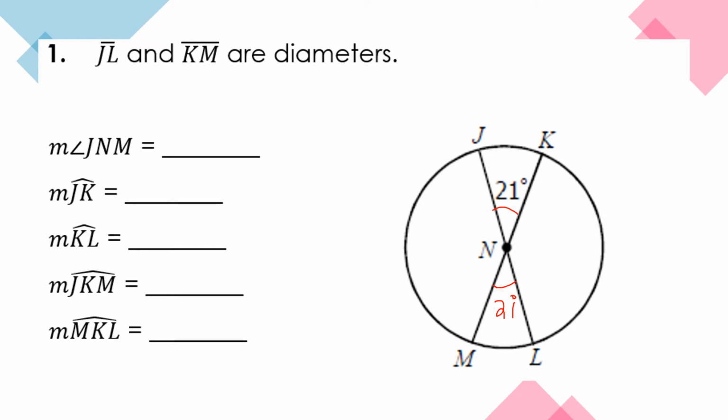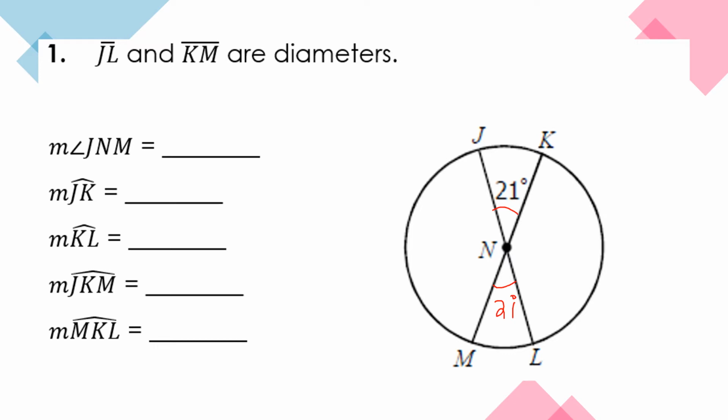One of the other things we also talked about last semester were a linear pair. And when you have a linear pair, that means you have 2 angles that are adjacent or next to each other that make a line. And all linear pairs, since they form a line, are 180 degrees.